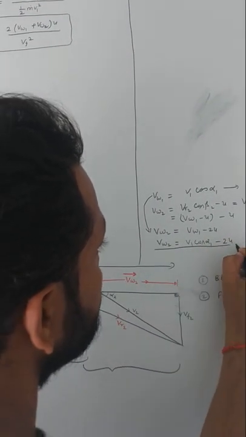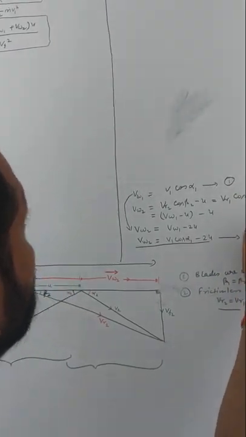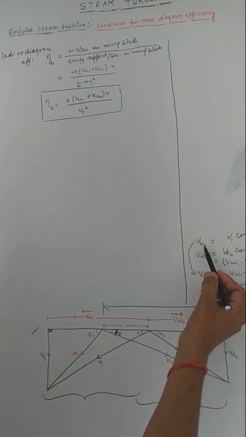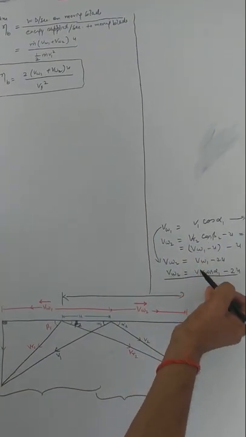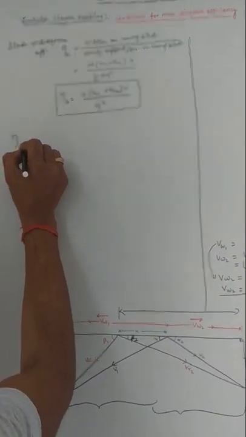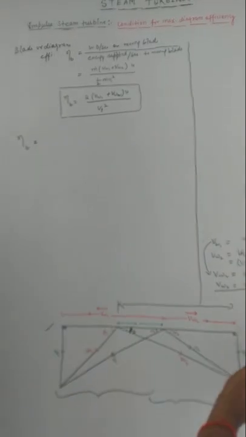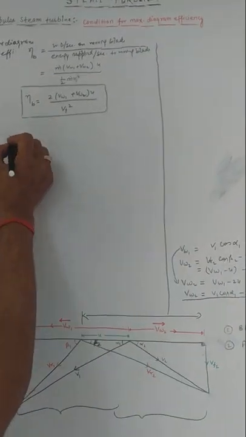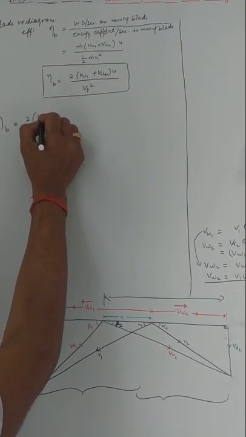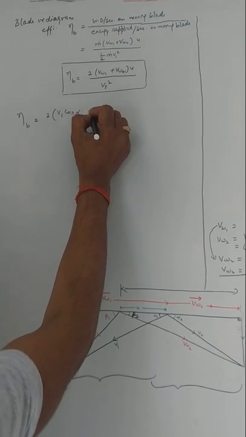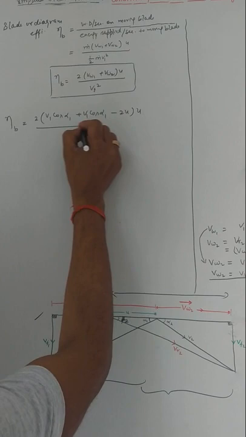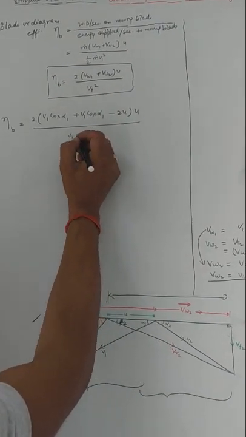These two values we will use in this equation. Now we get Vw1 and Vw2 in terms of absolute velocity at the inlet. So you can write efficiency, put these two values in this equation, and we get finally 2 times (V1 cos alpha 1 plus V1 cos alpha 1 minus 2u) multiplied by u divided by V1 square.